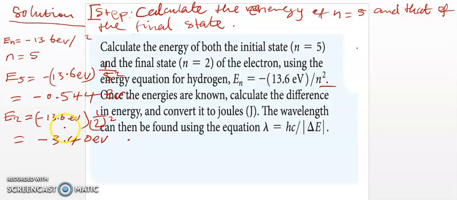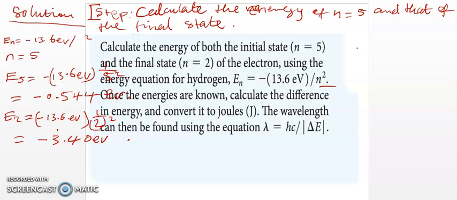Let us proceed now to the second step. The second step is that we are going to use the energies from step 1 to calculate the magnitude of the change in energy and then convert the result to joules.